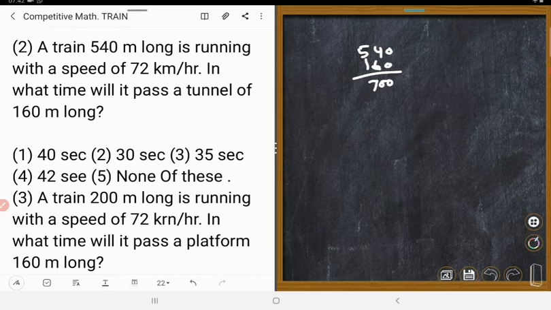We know the speed of the train is 72 km per hour.